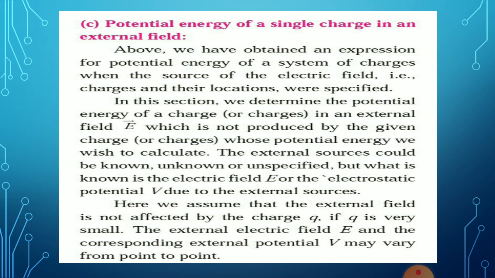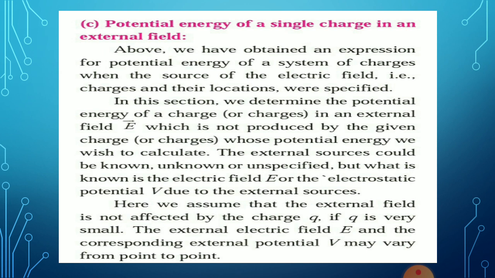The external sources could be known, unknown or unspecified, but what is known is the electric field E or the electrostatic potential V due to external sources. So in this way, some quantities are known, some quantities are unknown.